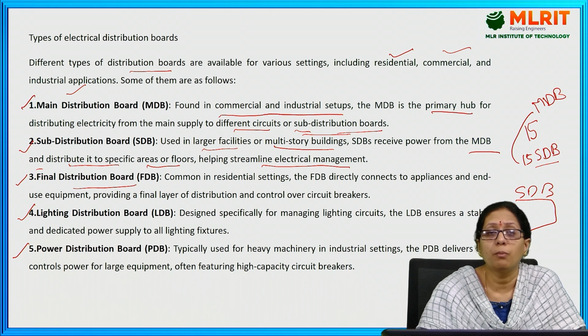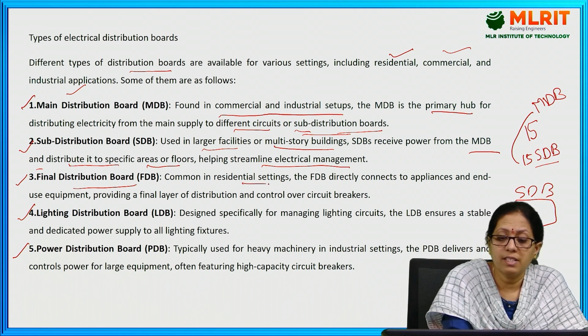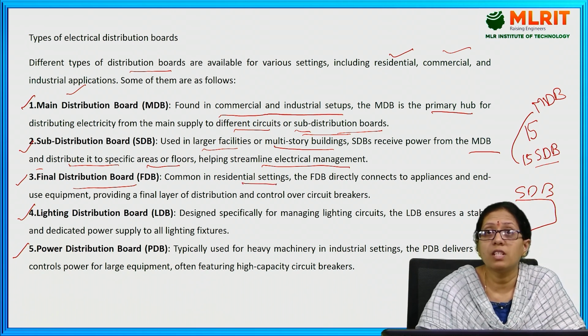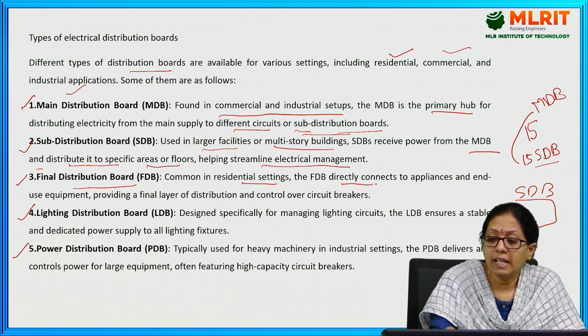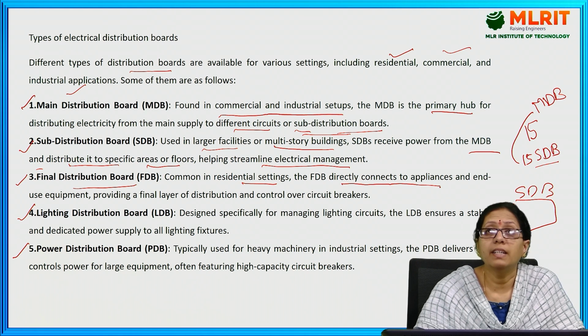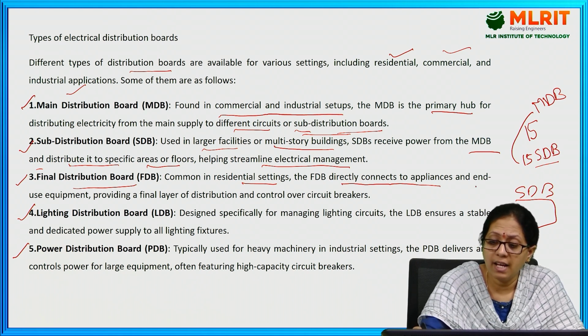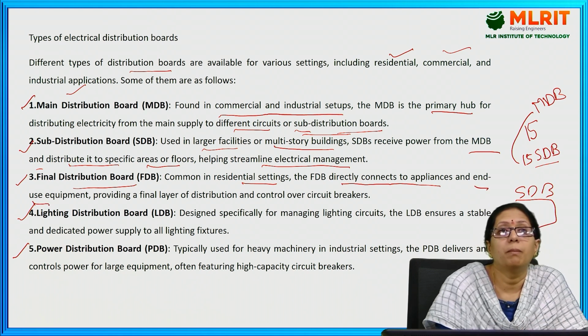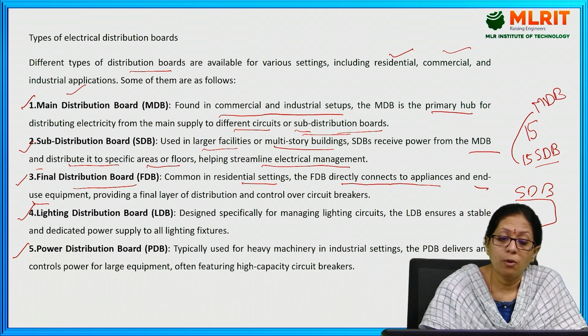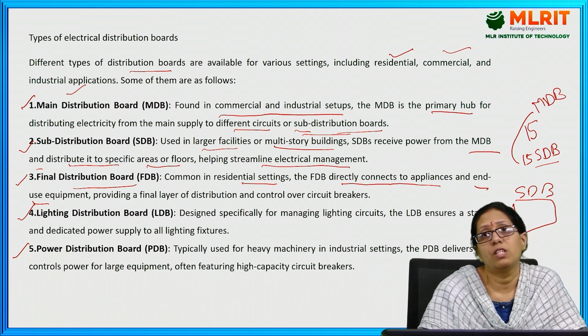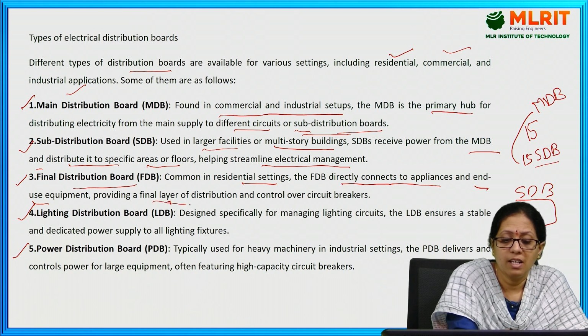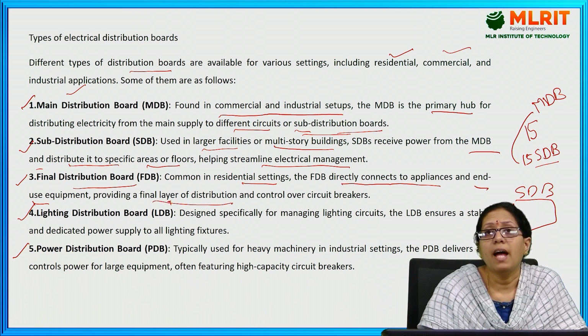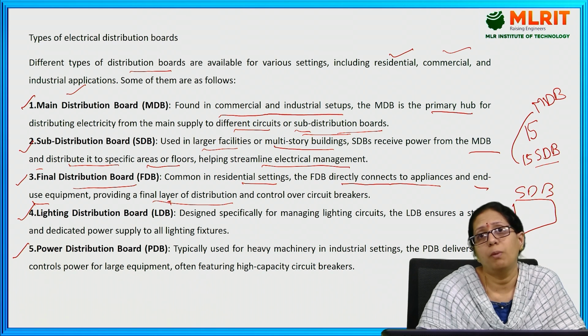The third category is the final distribution board, which is also called FDB. It is common in residential settings. The FDB directly connects to the appliances and end use equipment, providing the final layer of distribution and control over circuit breakers.